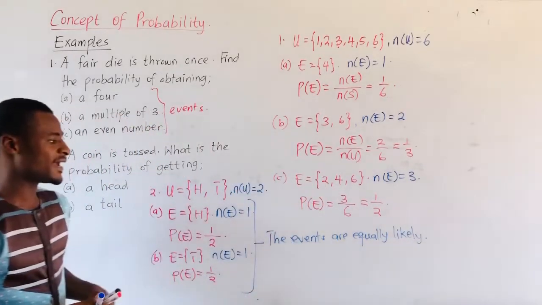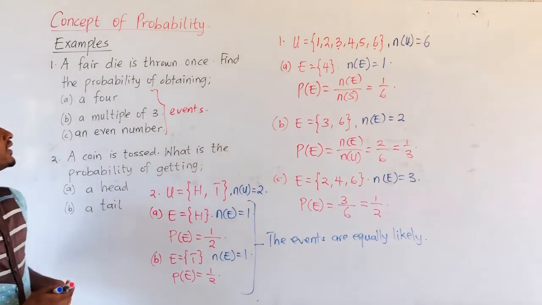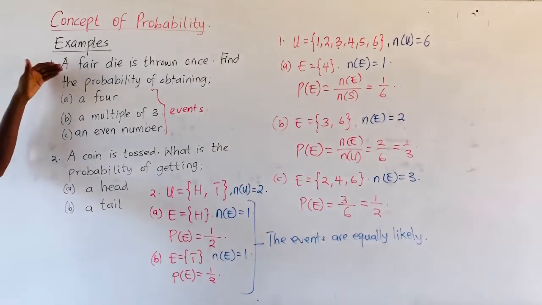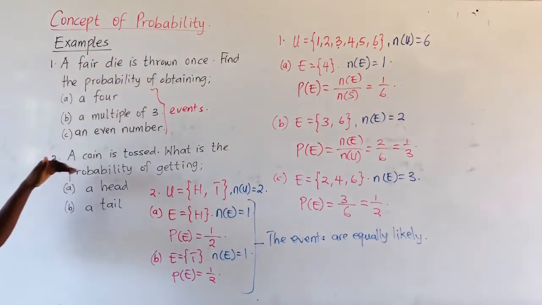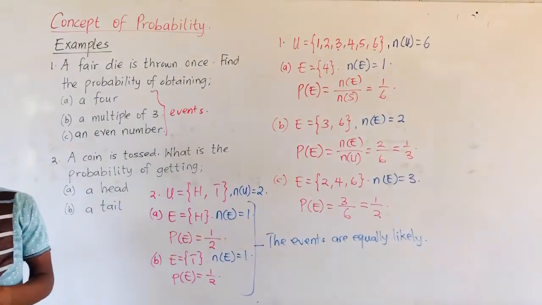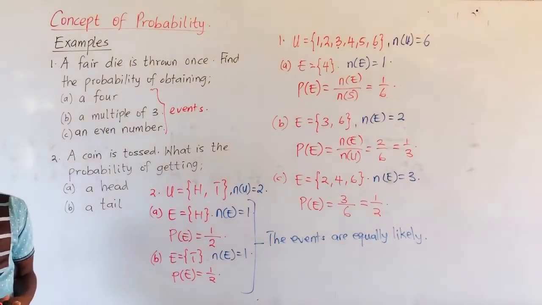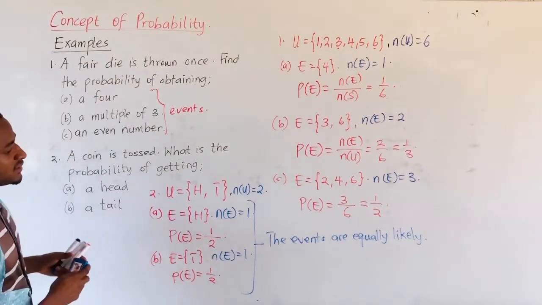So equally likely events have the same probability of occurring. Then now we are taking an example for the throw of a die, an example for the toss of a coin. What if we have a coin and a die and we perform the experiment at the same time? Let's look at what happens.